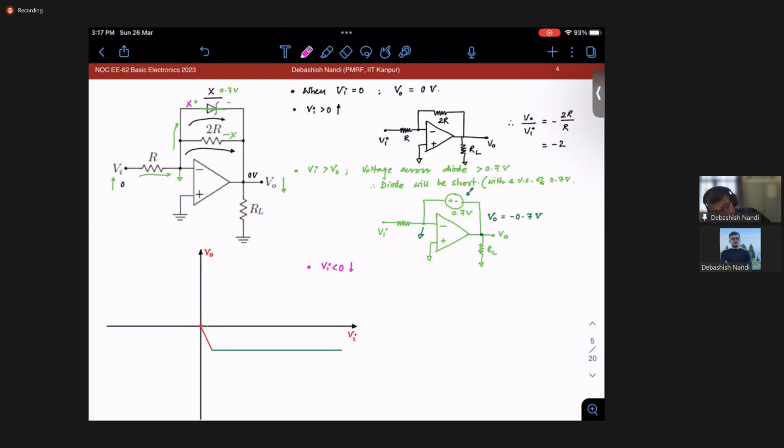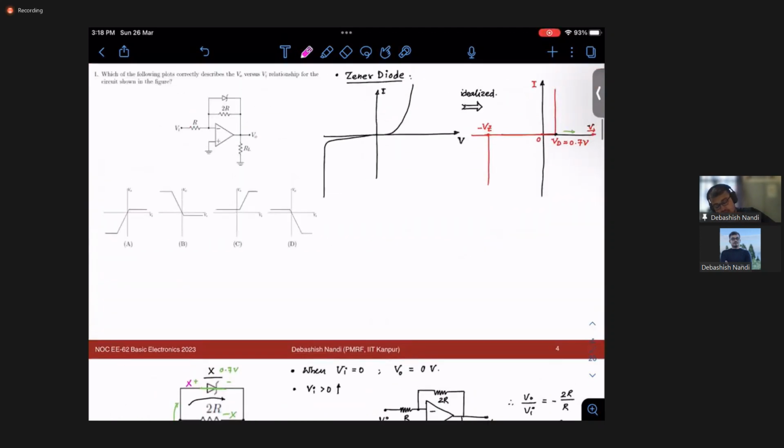Because at this instant, at Vi equal to 0, my V naught is 0, right? So as I start decreasing my Vi, the P side of the diode will have a negative voltage, and the N side of the diode will have 0 voltage, V out, right? So that diode will be in reverse bias. So there will be no current flowing through it.